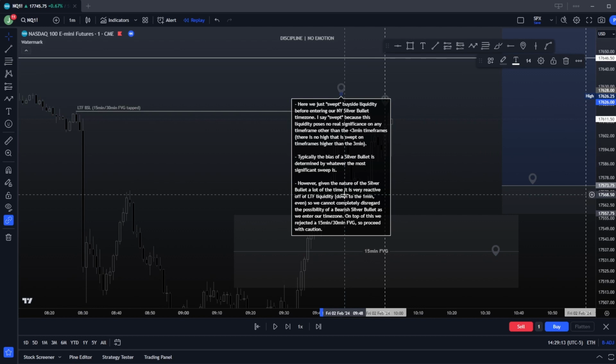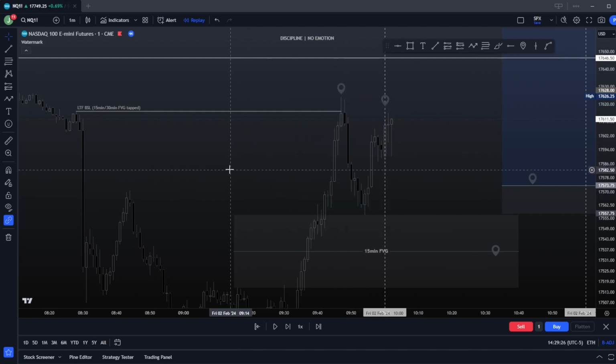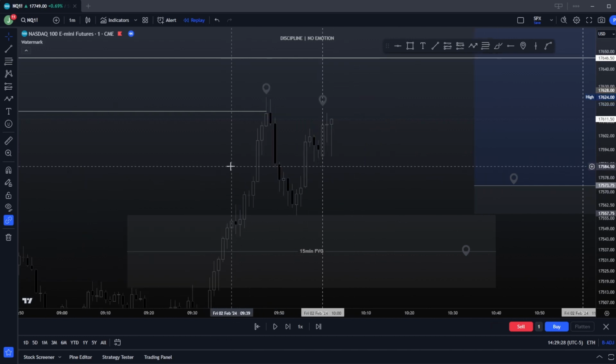So, like I said, don't disregard the possibility of us seeing downside as we enter our time zone. And we rejected our 15-minute, 30-minute. So let's just proceed with caution. We'll just wait and see what price does. Okay, patience is key.